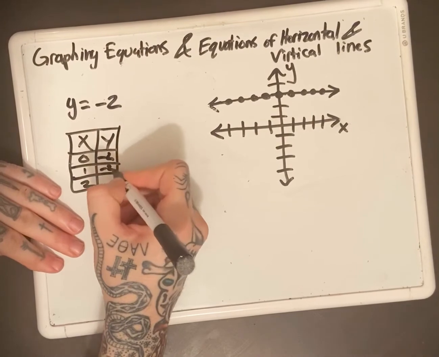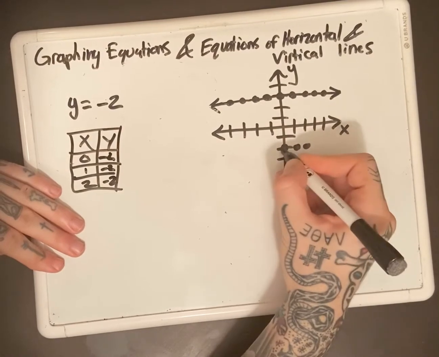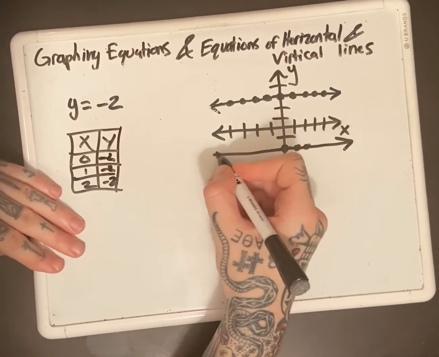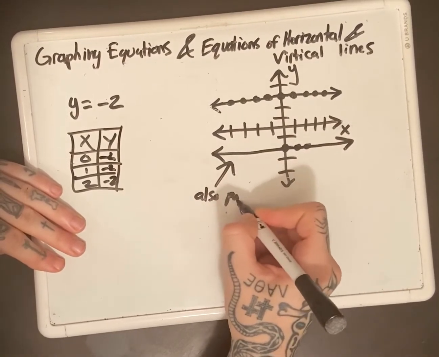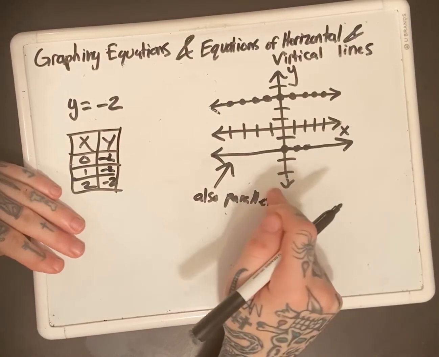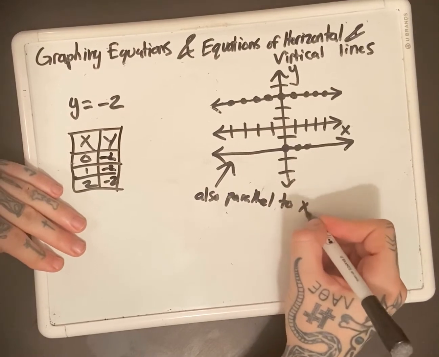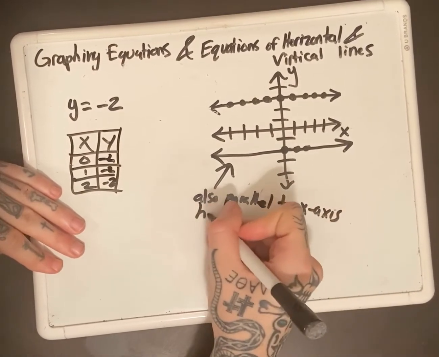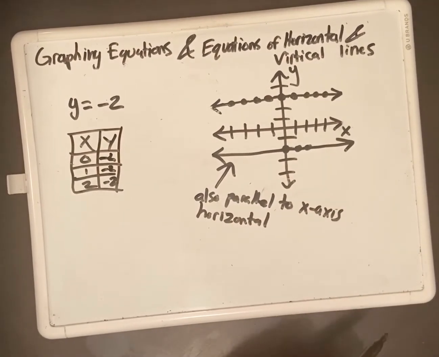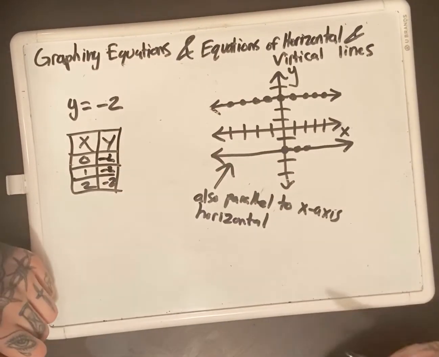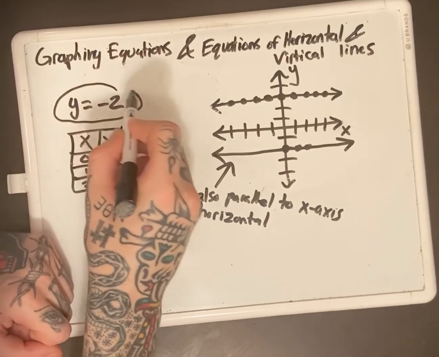It's always going to be -2, okay? So we get this line, and it's also parallel. So all horizontal linear lines are y equals.